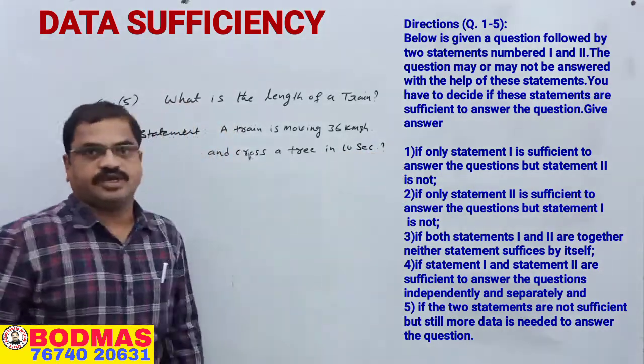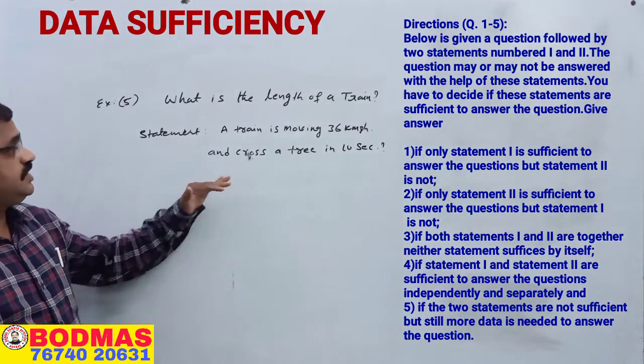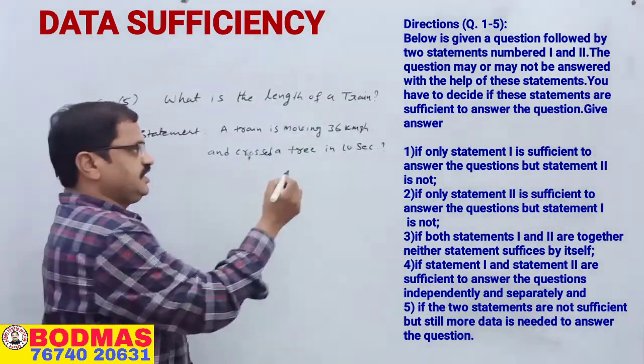What is the length of the train asked? It crosses a tree in 10 seconds.